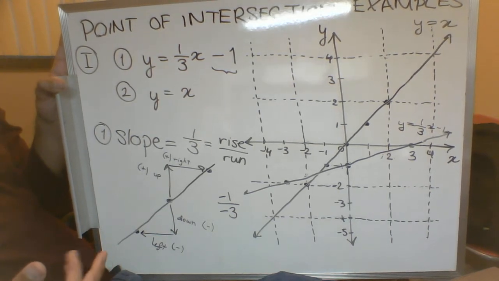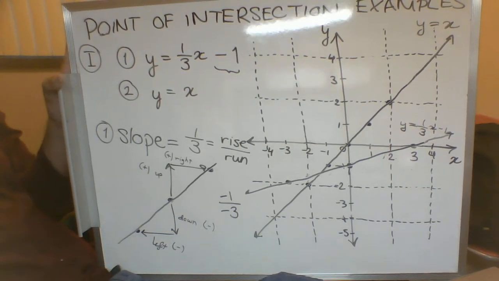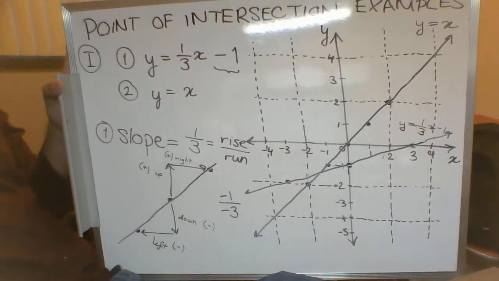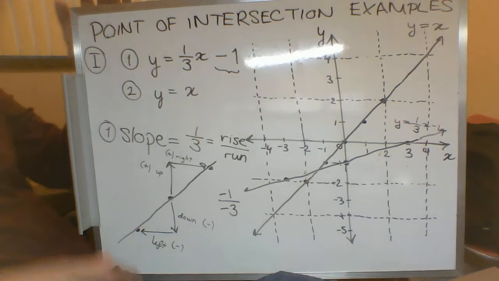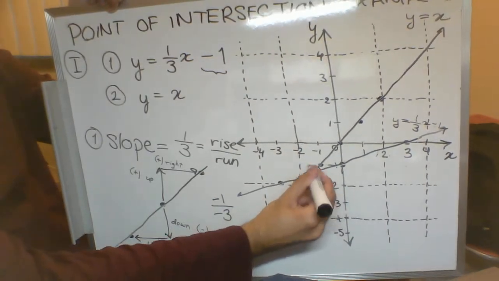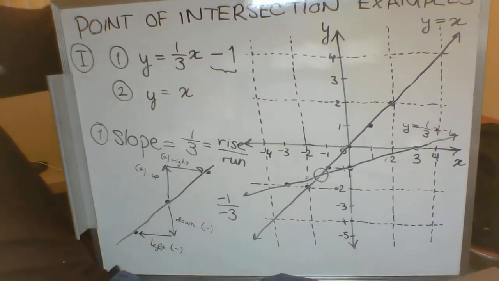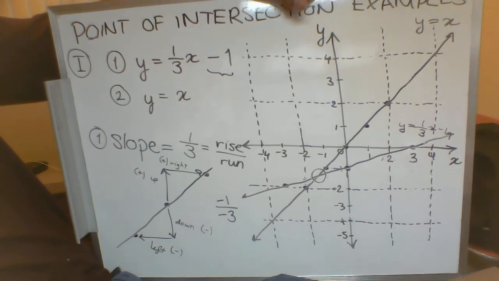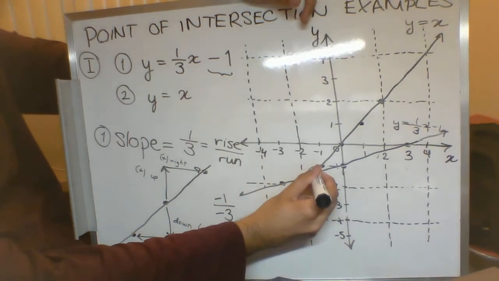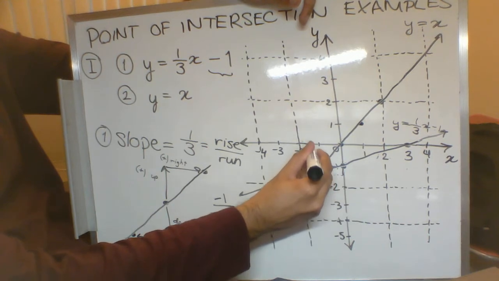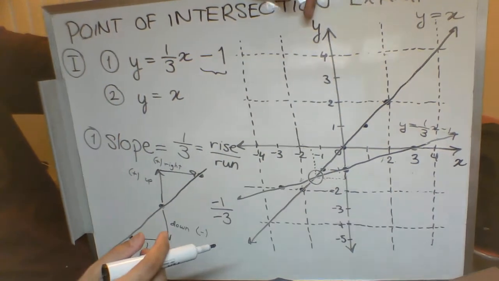So what we're doing here is we're trying to figure out those x and y values, but we've drawn it out as a graph to sort of give us a rough idea. So if we look at our graph, we can see that the point of intersection is somewhere over here. Right? We don't know the exact value yet, and we're going to calculate it mathematically, but it should be negative, right? And if the point is right here, then you don't have to draw in those little dotted lines there.